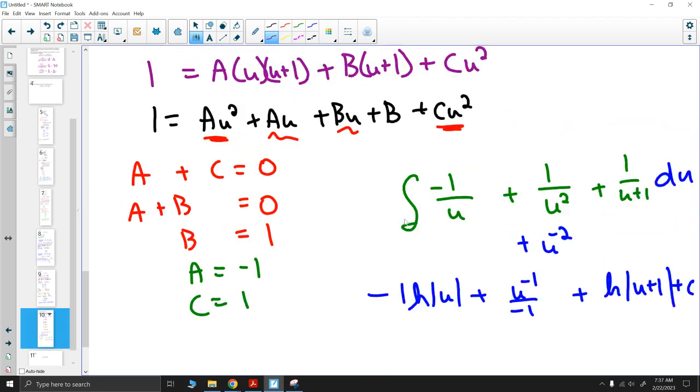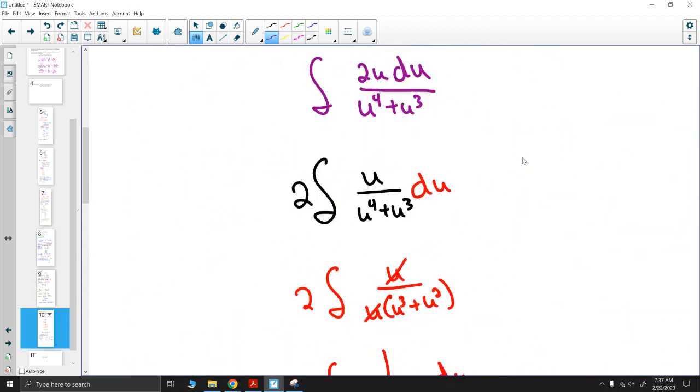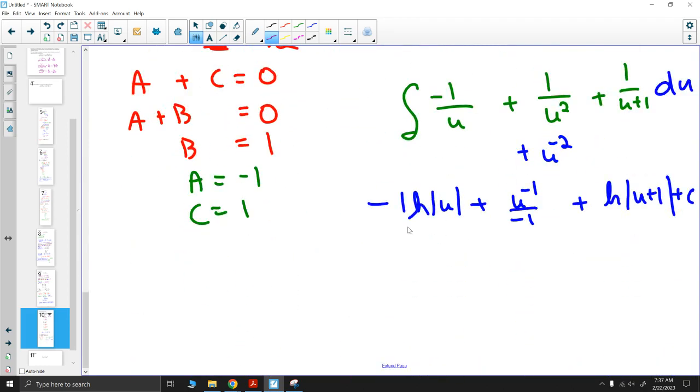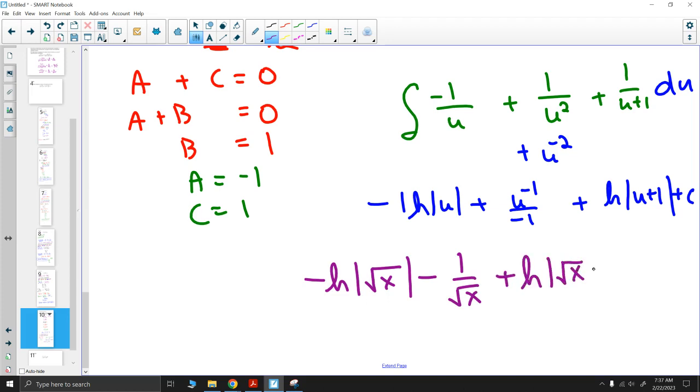Now we can replace our u. Our u was square root x. So we have negative natural log of square root x, minus 1 over square root x, plus natural log of square root x plus 1, plus c.